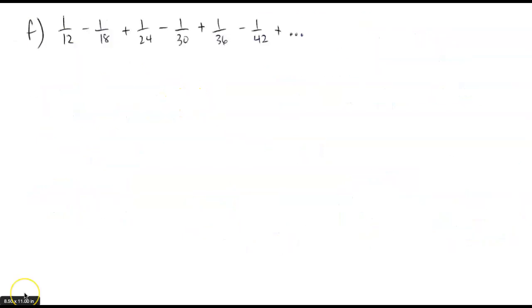All right, so let's look at our next example. For this example, we're not given the summation form of the series. We're actually going to have to come up with that ourselves. So if we look here, we have 1/12, -1/18, 1/24, -1/30.